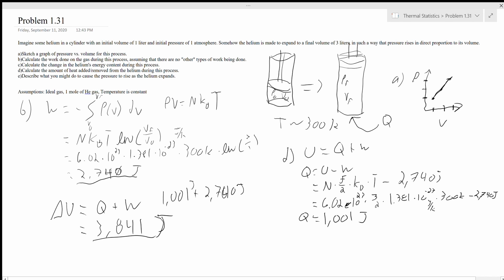Because if we don't add heat, the pressure will drop instead of rise when the volume increases. But since it rises, we have to add energy into this. We have to add heat to it. We have to add thermal energy. And so there you have it. Problem 1.31 solved.